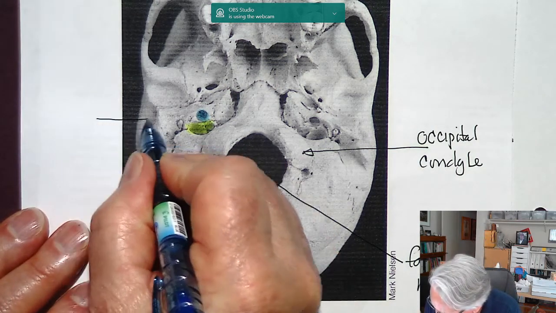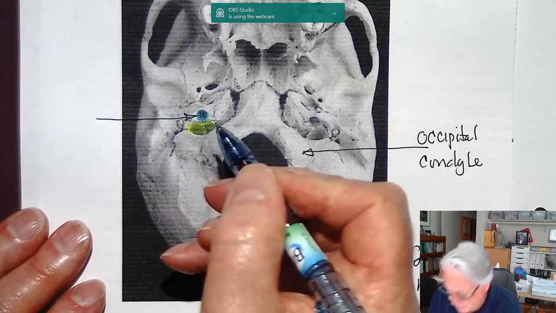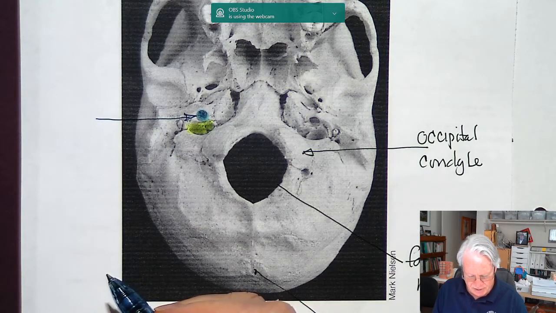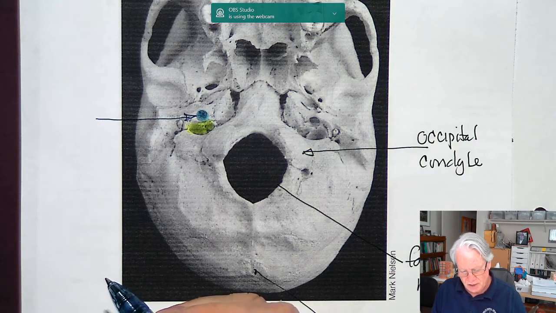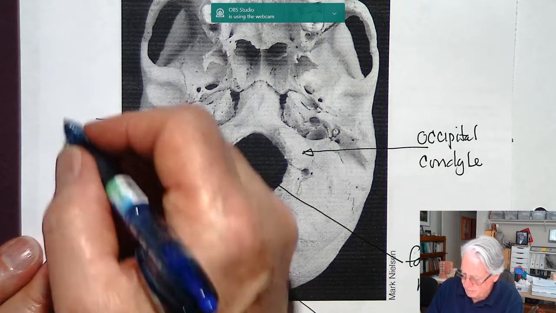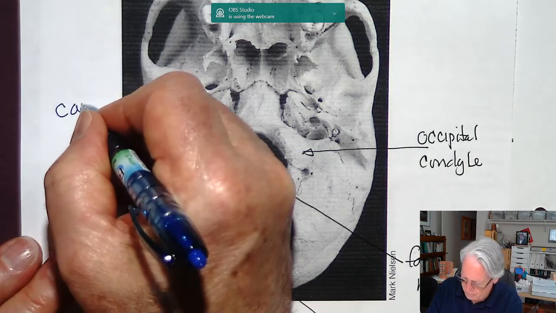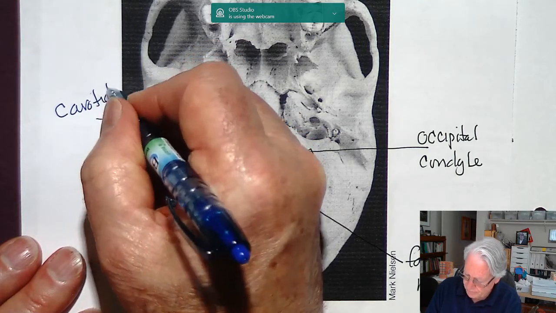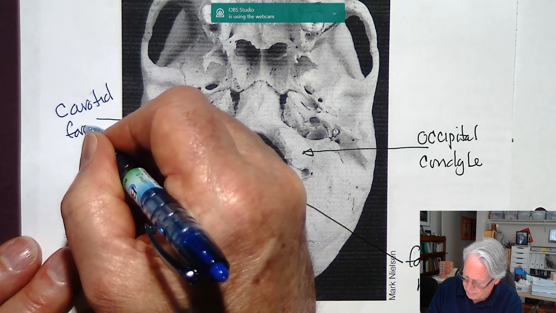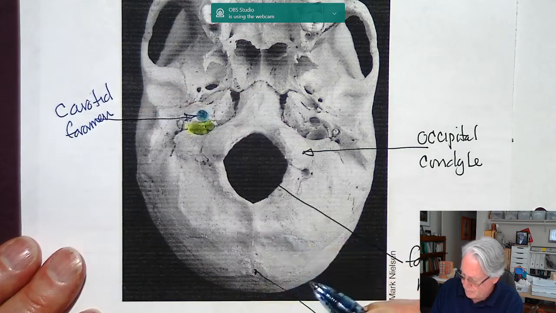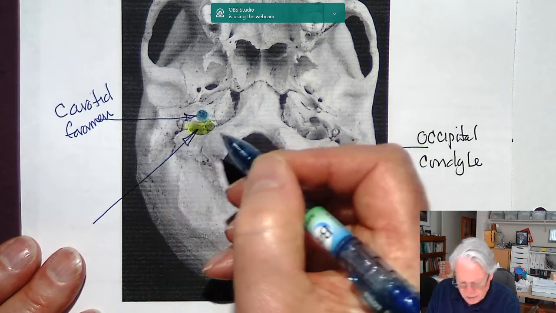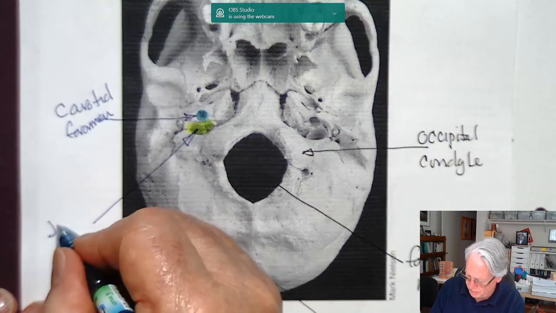So this one here in blue is going to be the carotid foramen. And in yellow here is going to be the jugular foramen.